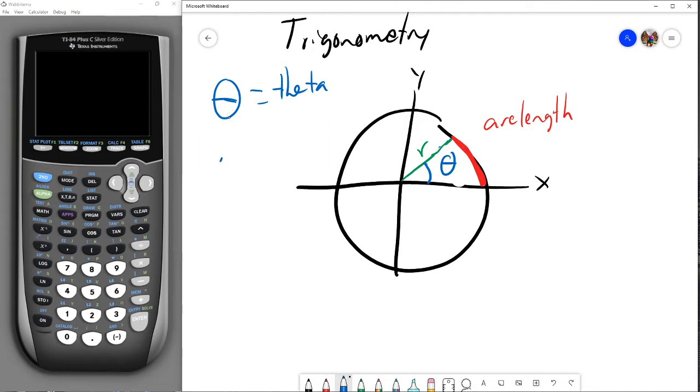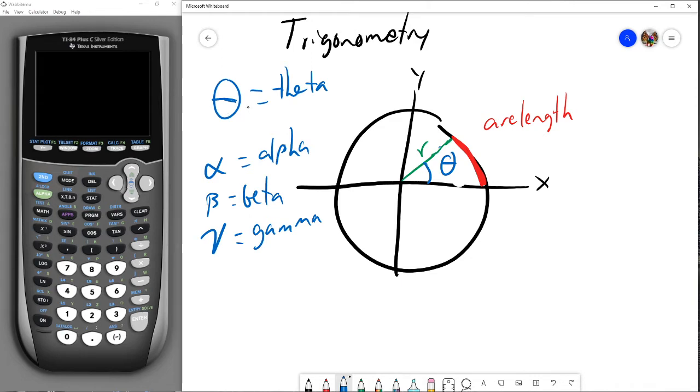Other common angle measures are the Greek letters alpha, beta, and gamma. So these are common variables for angle measurements.